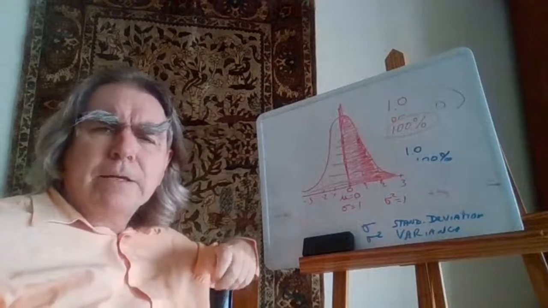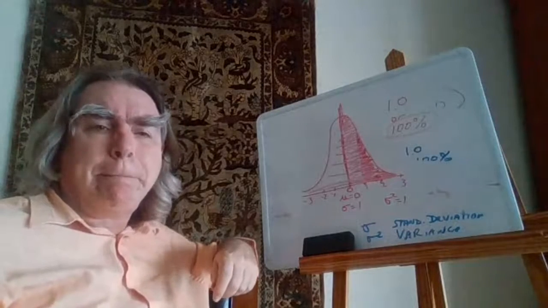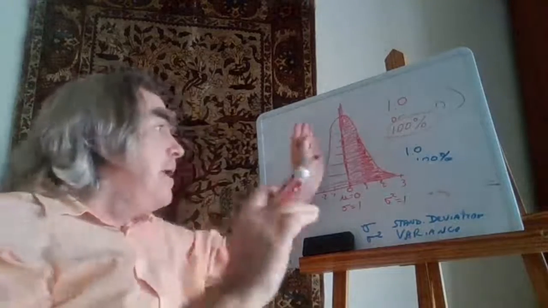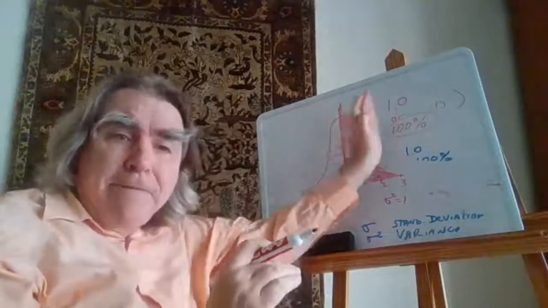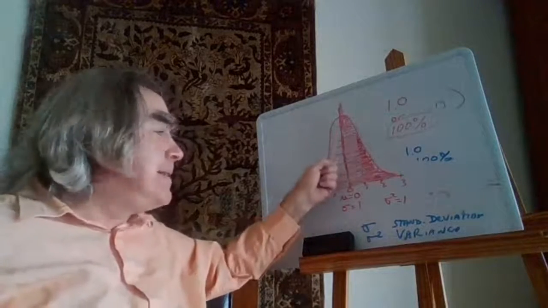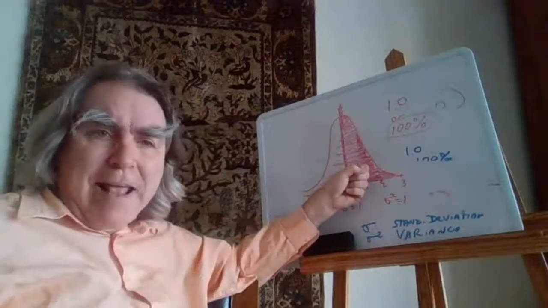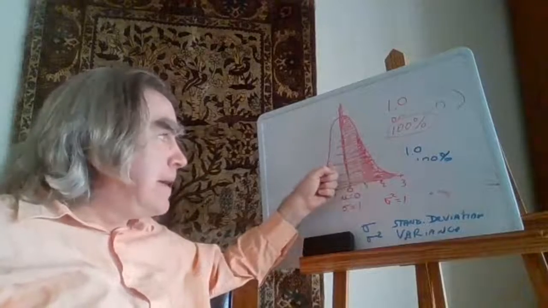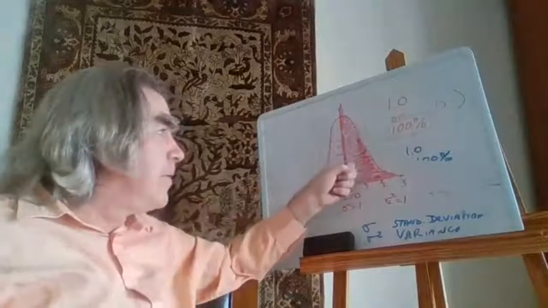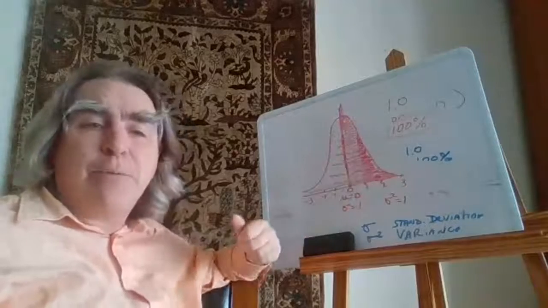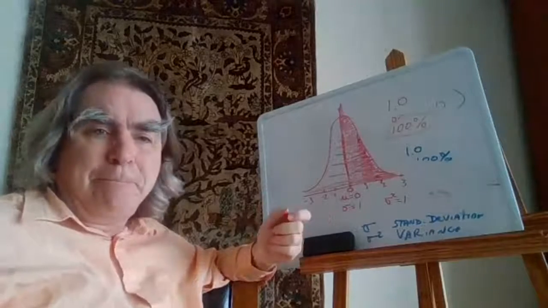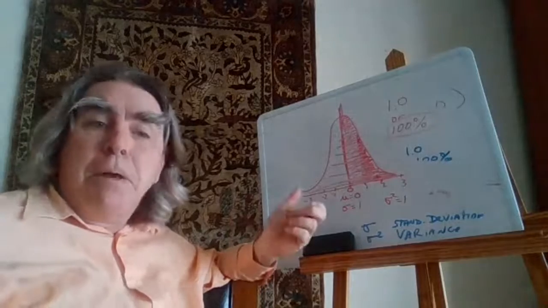Okay, I got somebody. Somebody said 50%. Right? Why is it 50%? Because it is half of the area. This area is identical to that area. This area plus that area equals 1. So this area has to equal 0.5 or 50%. Okay. Good.